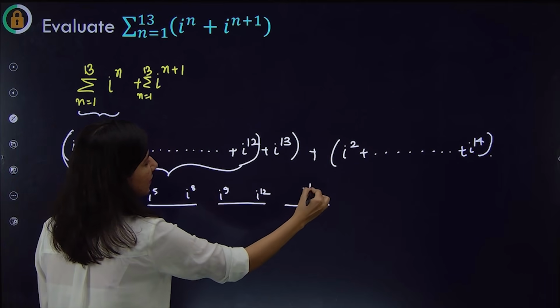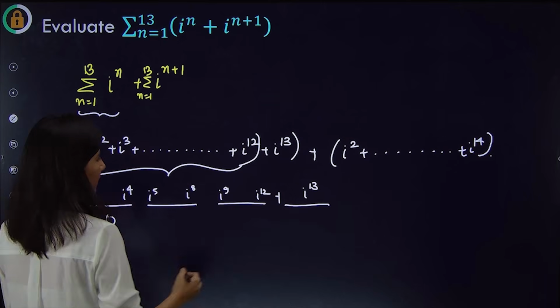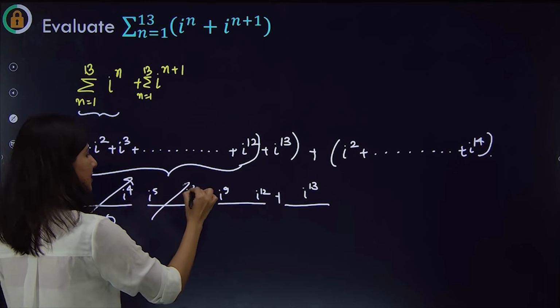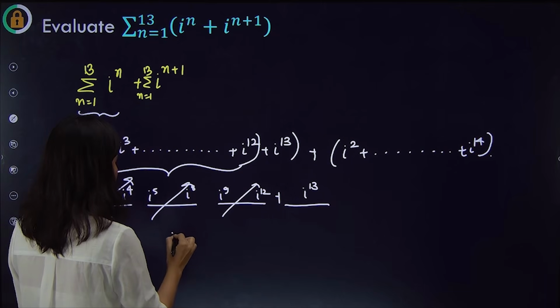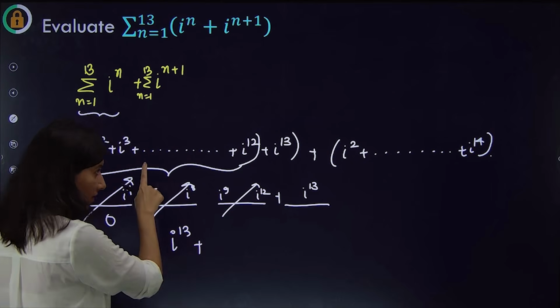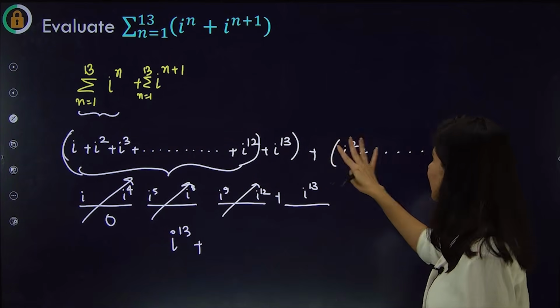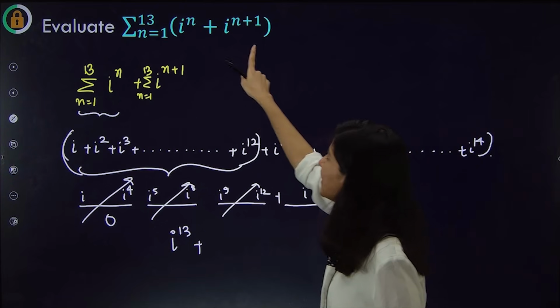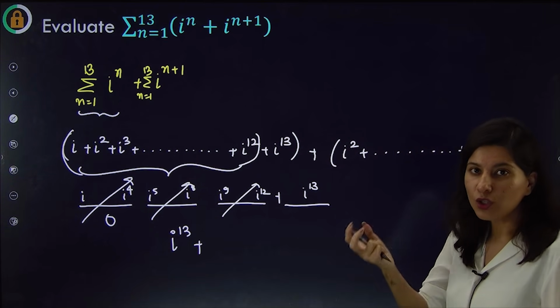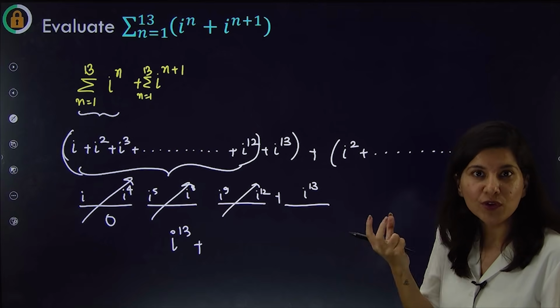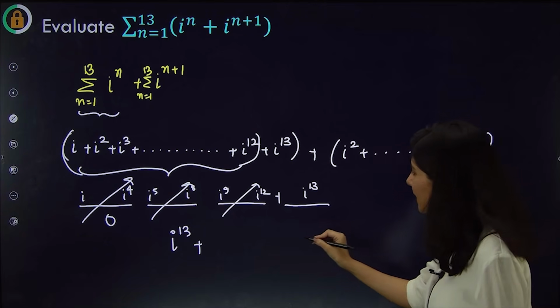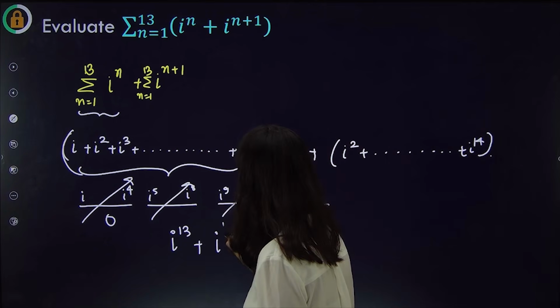The last thing which will be pending is iota power 13. Right? So this is 0, this is 0, this is 0. So iota power 13 will be left out from here. And again from here also, because see there are 13 terms in this also. So 12 will have 4, 4, 4. Right? The last term will be pending. So iota power 14 will be pending over here.